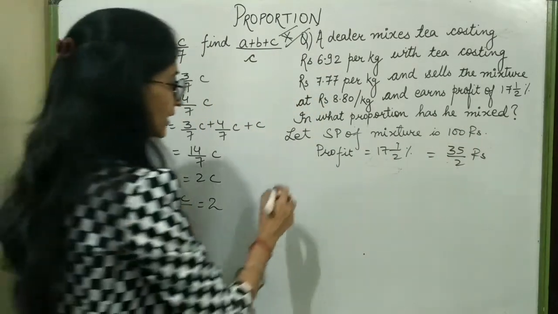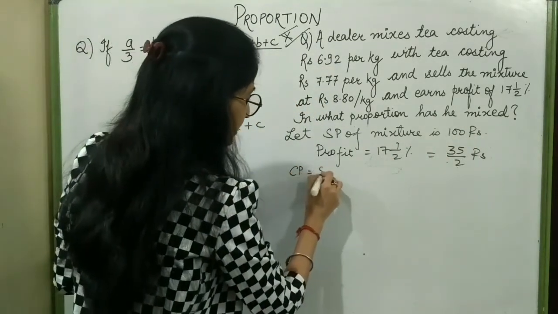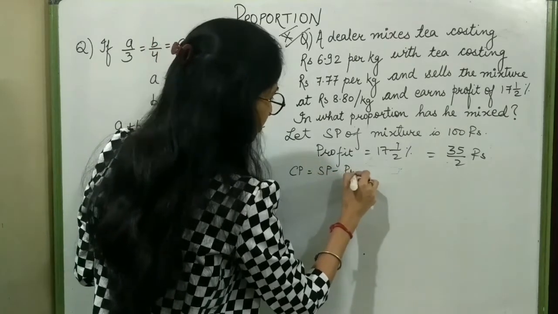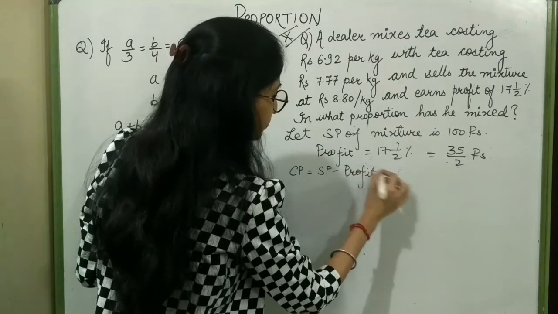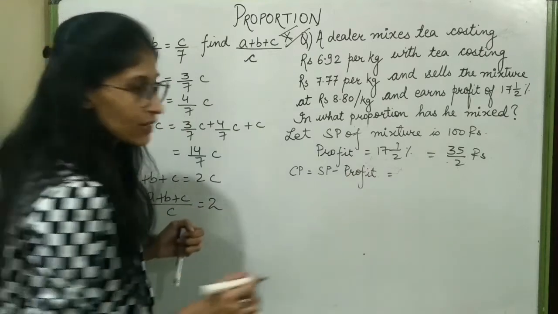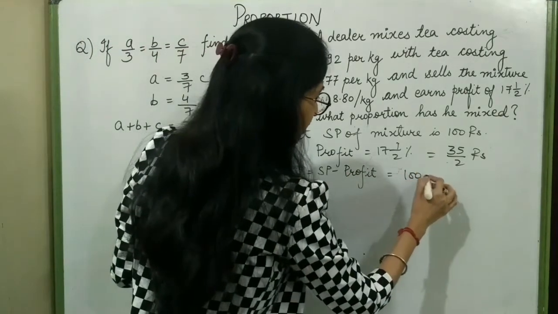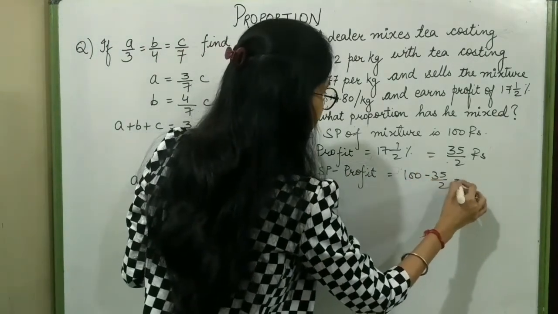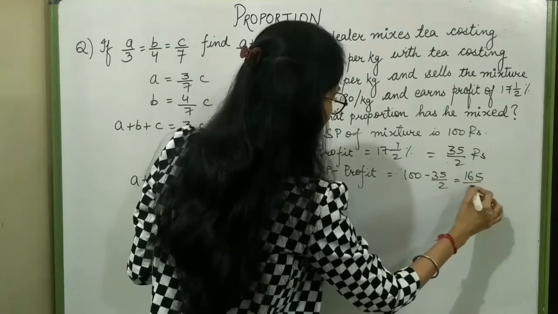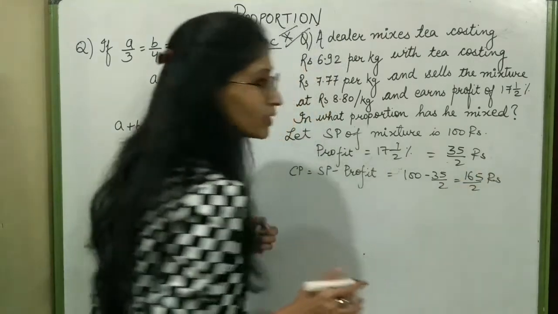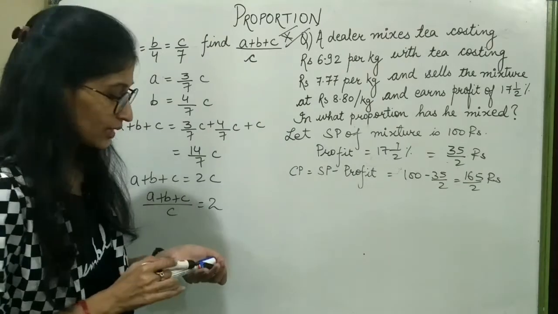And I know that cost price is selling price minus profit. So cost price here will be 100 minus 35.2, which is 165 upon 2 rupees.